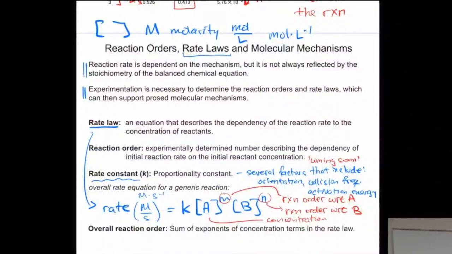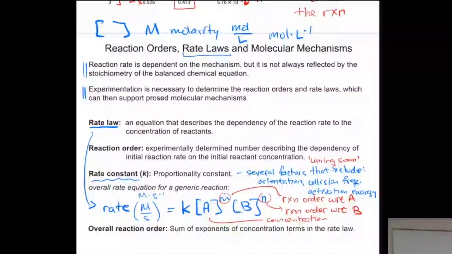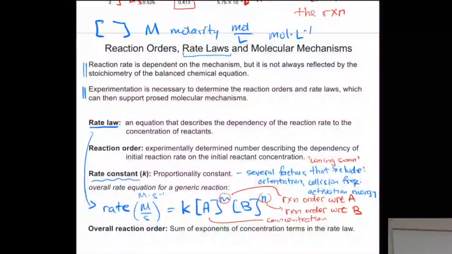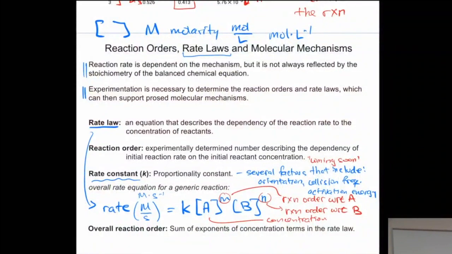I'm just defining this stuff for you. You'll see what this means as we go through some examples, okay? But these are the components of our rate law. It's dependent on the concentration of the reactants, but in a way that reflects how they collide with each other and the overall, what we call kinetics.